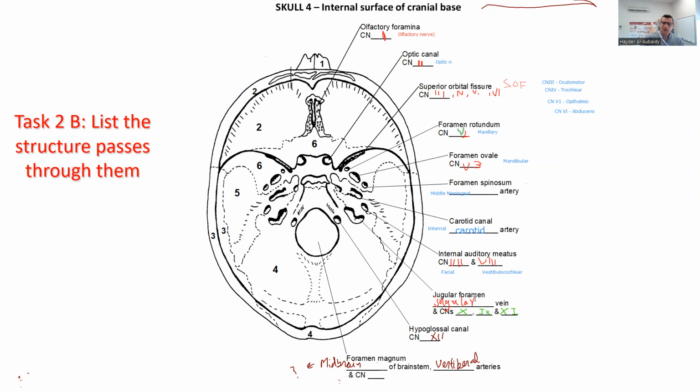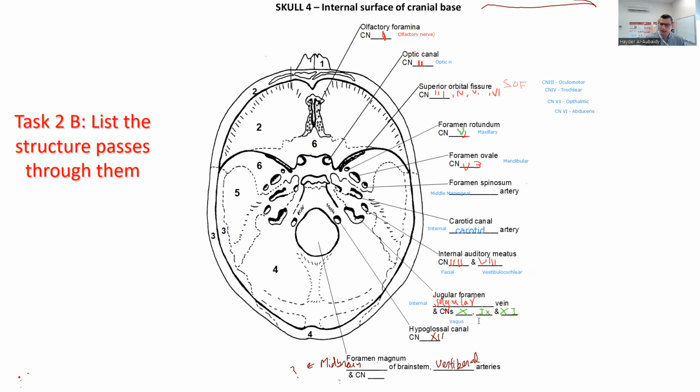Now we'll come to the jugular foramen that permits the passage of the internal jugular vein, and also 3 cranial nerves. Yes, 10, 9, and 11, or 9, 10, and 11. So what do we call cranial nerve 10? Vagus. Vagus, beautiful.